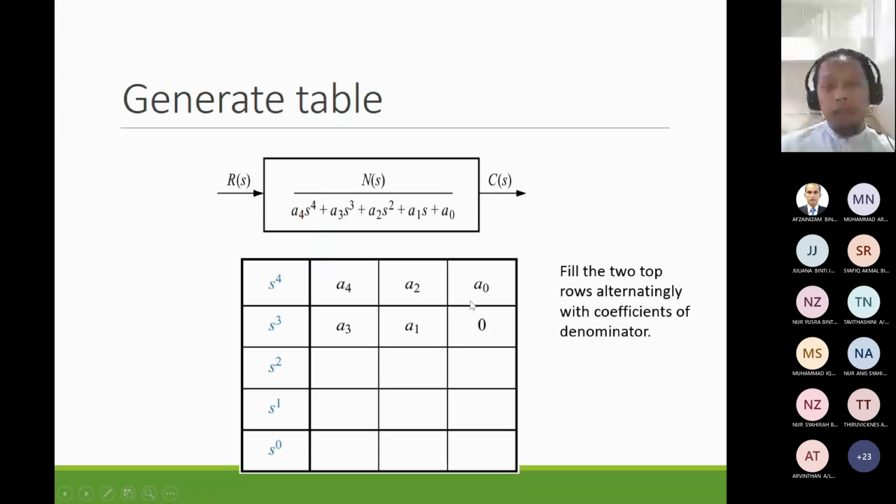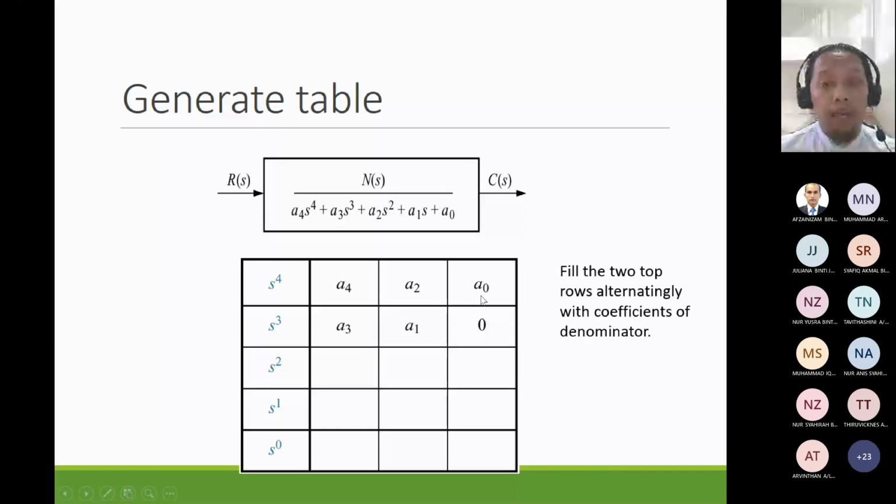Then you need to fill the two top rows alternatingly with the coefficients of the denominator. You start with A4 in the first row and first column, A3 below A4, and then A2, A1, A0.